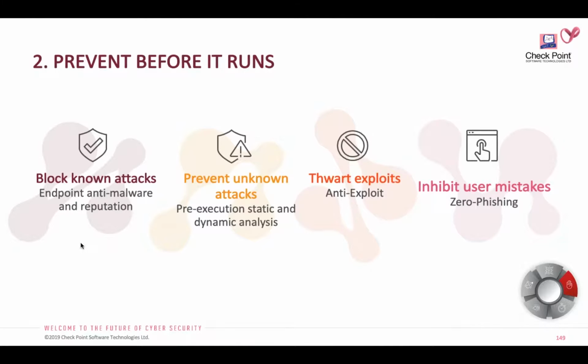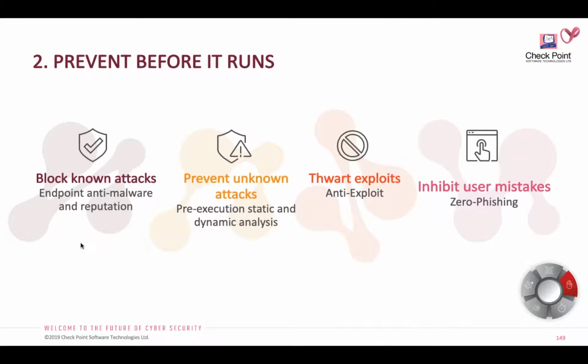If you would want to prevent the attack before it actually runs, what you could do is you can block known attacks, that is by turning on your signature based detection engine. You can block unknown attacks by turning on your anti-malware engine along with anti-exploit module, right? In this case, your artificial intelligence will come into picture, as in your behavioral guard would get activated.